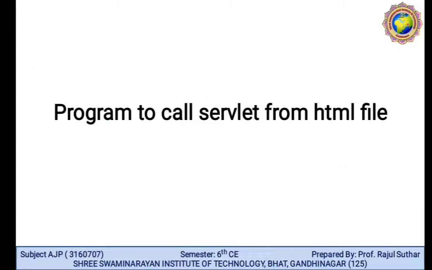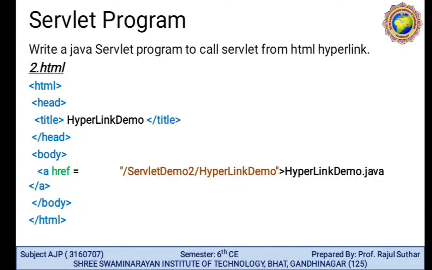Program to call the servlet from an HTML file. Write a Java servlet program to call a servlet from an HTML hyperlink. We simply write HTML code by using the HTML tag, head, title, hyperlink demo, and close the tag by the slash sign.